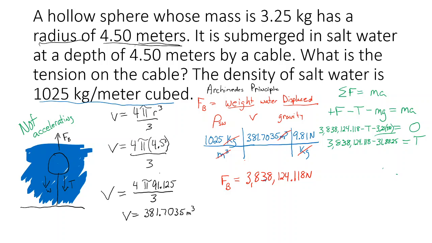So we're going to take our 300. Honestly, I hope you're seeing what I'm seeing. When we begin applying significant digits, the 31.8825 in this particular case has very little bearing on the problem, because I'm going to get 3,838,092.236 as the tension.